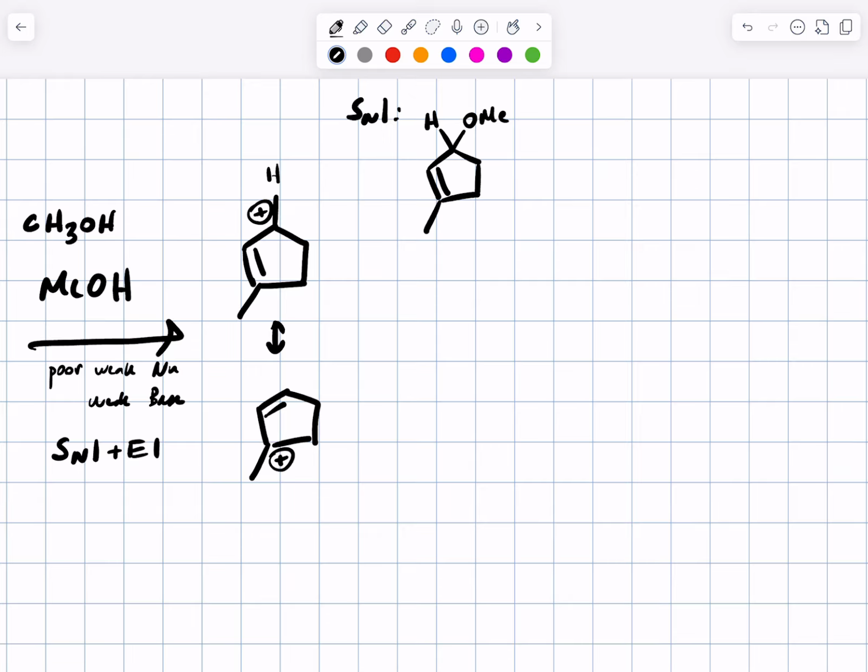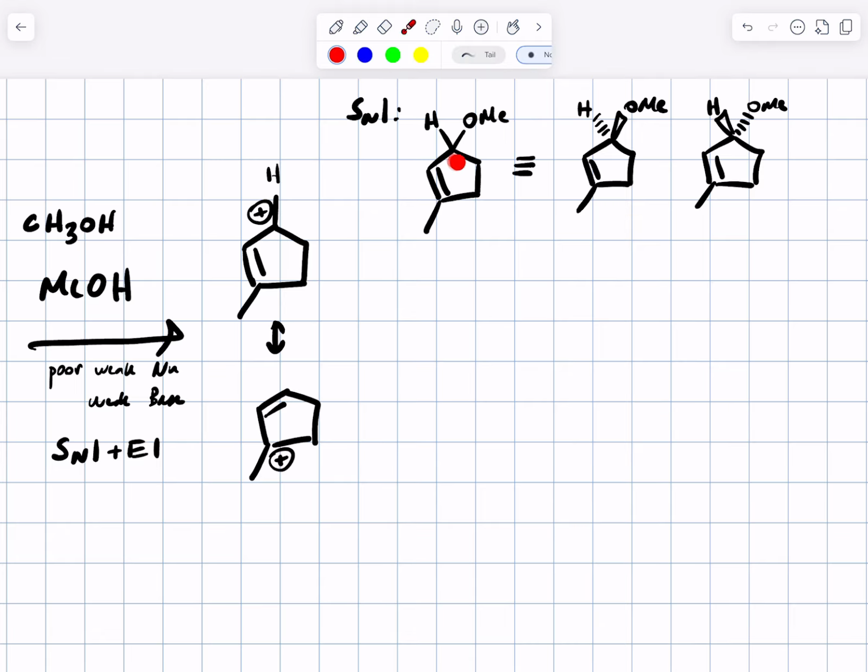So to draw this product this way is exactly the same and equivalent to drawing both of the possible stereoisomers. And that's something that you are free to do. You are free to represent both configurations of a single stereocenter by just not using dashes or wedges. Okay?